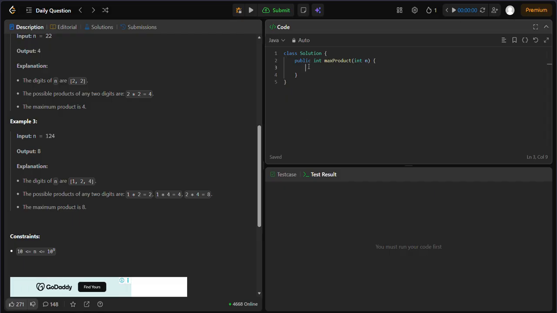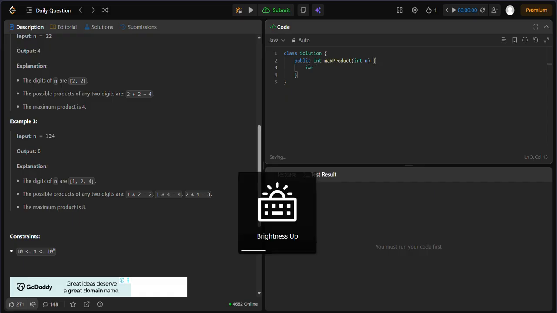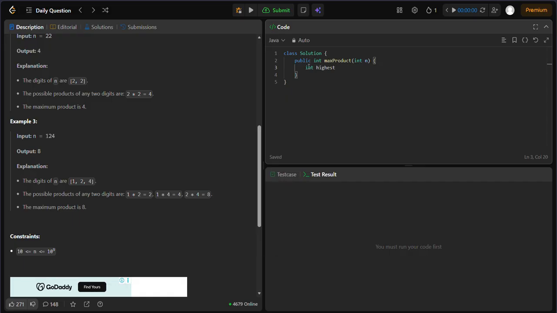Let me initially take int highest equal to 0 and int second highest equal to 0. Then we'll run a while loop until n is greater than 0. Then we need digit, which is equal to n mod 10.